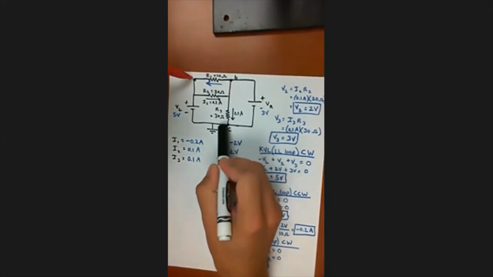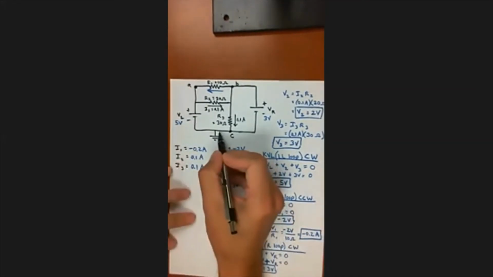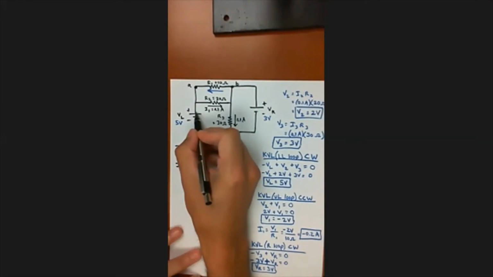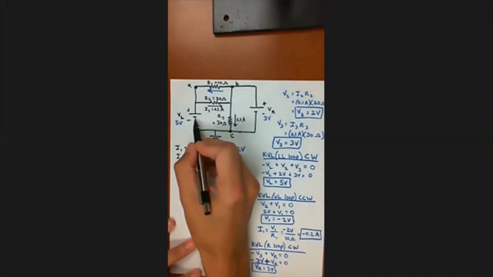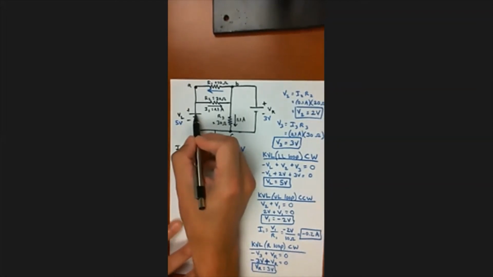The easiest way to get from here to here is through this voltage source. And I know that as I go from here to here, I gain 5 volts because I'm going through the voltage source, and the voltage source steps up the voltage from the negative side to the positive side by, in this case, 5 volts. So from here to here, I gain 5 volts.